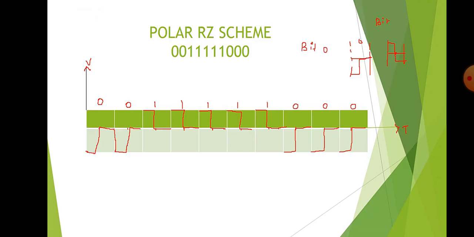So next you have to join the signal elements.